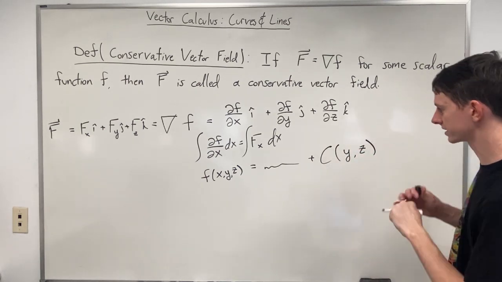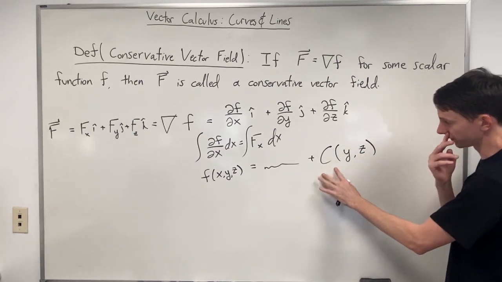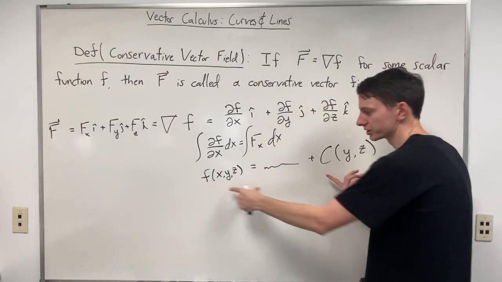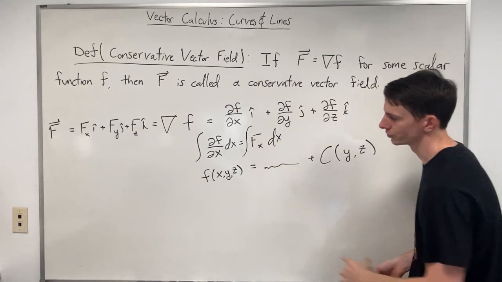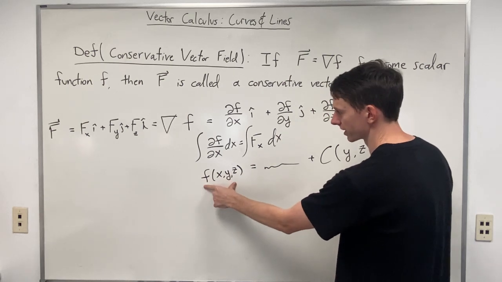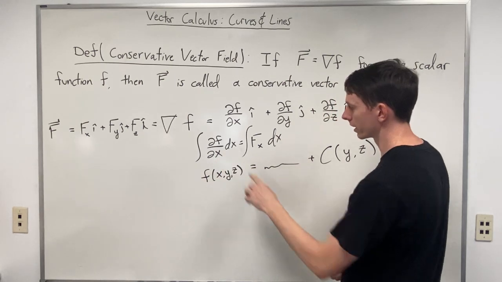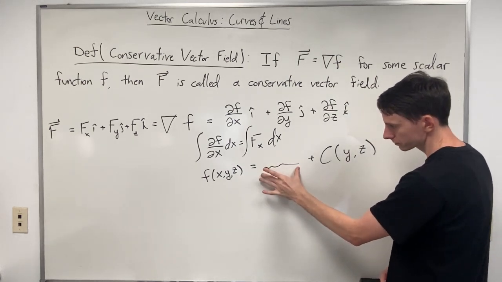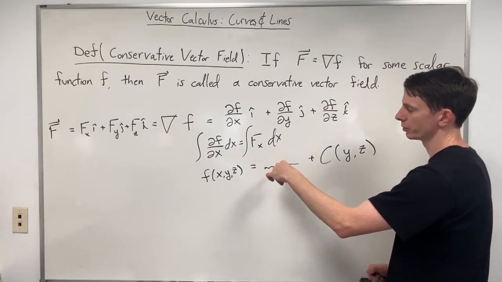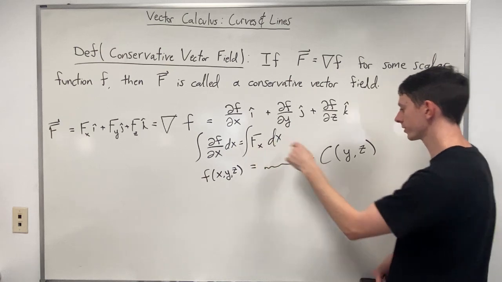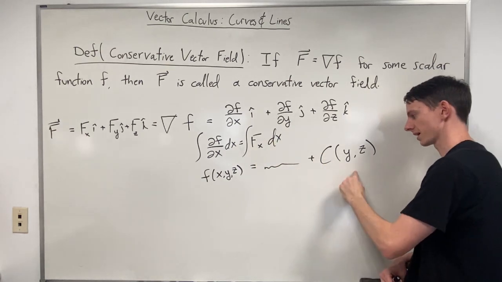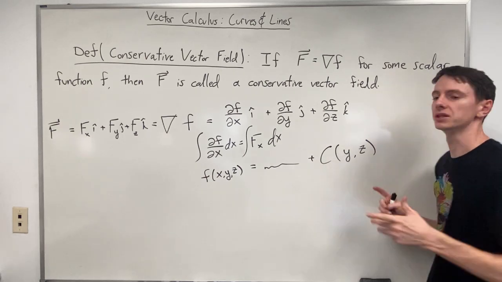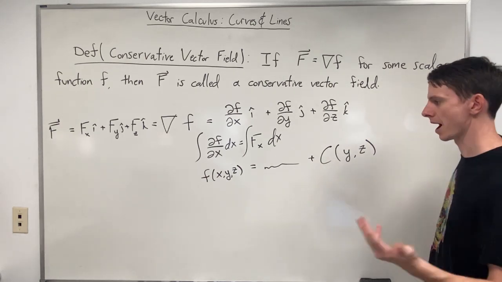And hopefully this makes sense, because if c is in general a function of y and z, and we differentiate both sides with respect to x, on the left-hand side we get partial f partial x, which is what we have right here. And on the right-hand side, differentiating gives us F of x right here, and then differentiating this with respect to x would give us 0. So this is a constant in the sense that it doesn't depend on x.